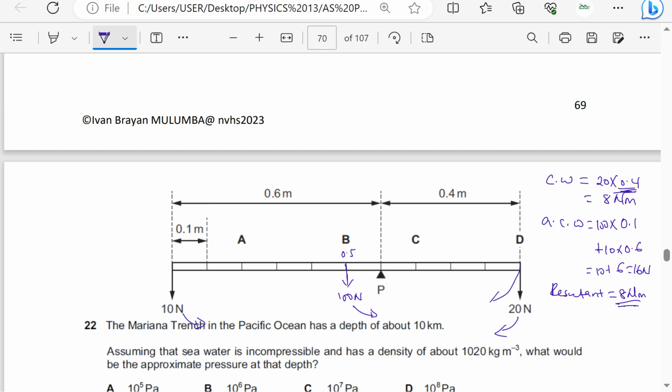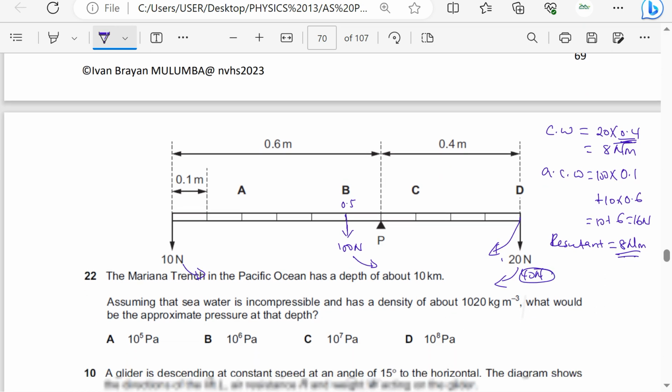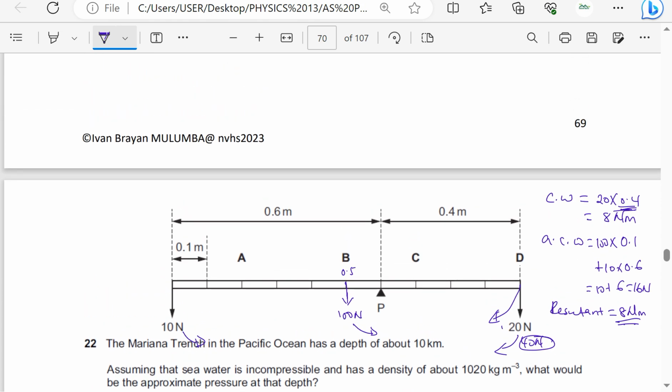So it should be placed there, so that here we have a total of 40 newtons. So the answer here is going to be D. Because the resultant is 8 newton meters anti-clockwise, we need 8 newton meters clockwise, which means we should place it at D.